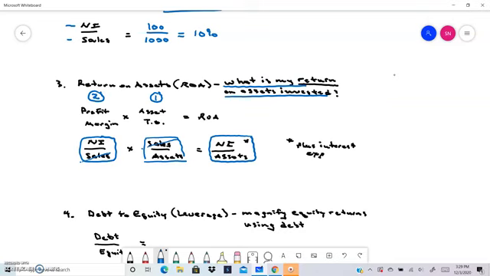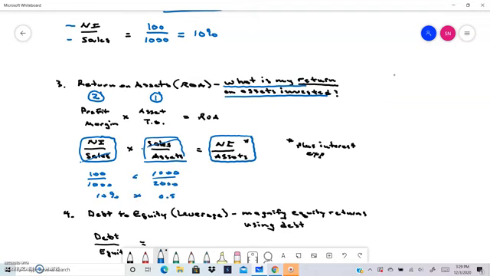So in this case, net income over sales, our profit margin, remember we had 100 divided by 1,000. That was our 10%. And then we had 1,000 of sales divided by 2,000 of assets. That was our asset turnover of 0.5.